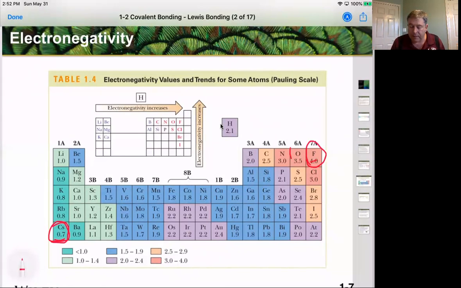However, the fact that oxygen has a pretty high electronegativity and fluorine has a high electronegativity, does that mean that we're going to form only one kind of bond there? Maybe, maybe not. Let's take a look at why that happens. The difference in that electronegativity is going to tell us what kind of bond it has.